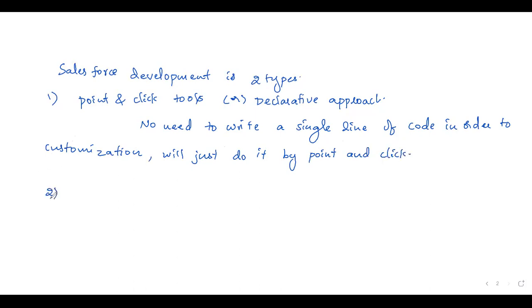The next way we have is the programmatic approach, where we'll be writing code. So these are the two different types of Salesforce development we have.